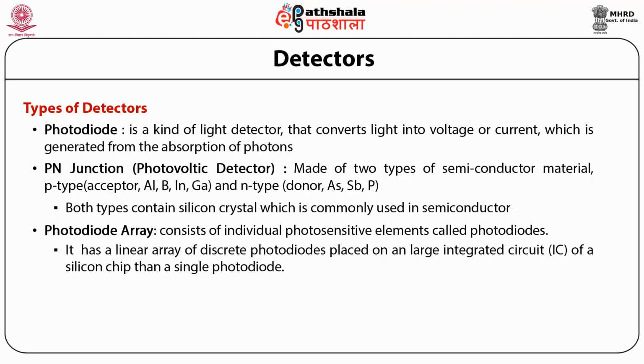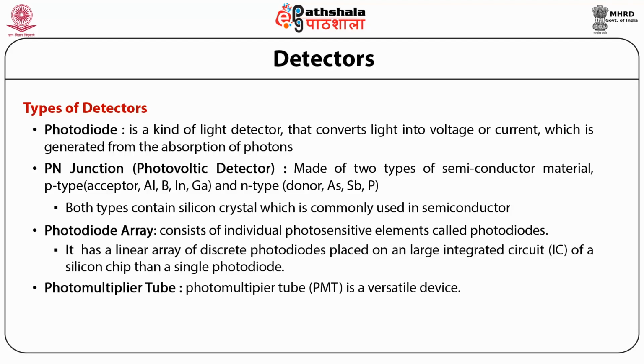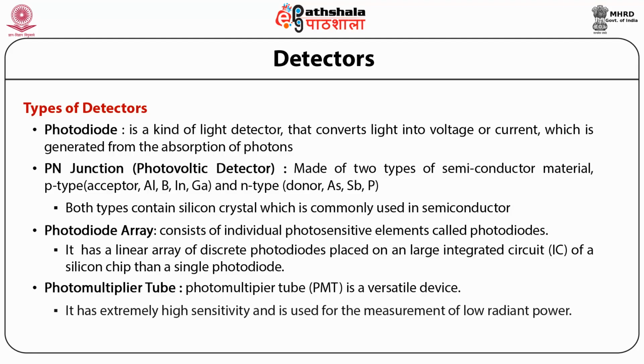Photodiode array works on the same principle as a simple photovoltaic detector. And last but not least is the photomultiplier tube. Photomultiplier tube is a versatile device. It has extremely high sensitivity and is used for measurement of low radiant power. It converts photon to electric signal, in contrast to photodiode.